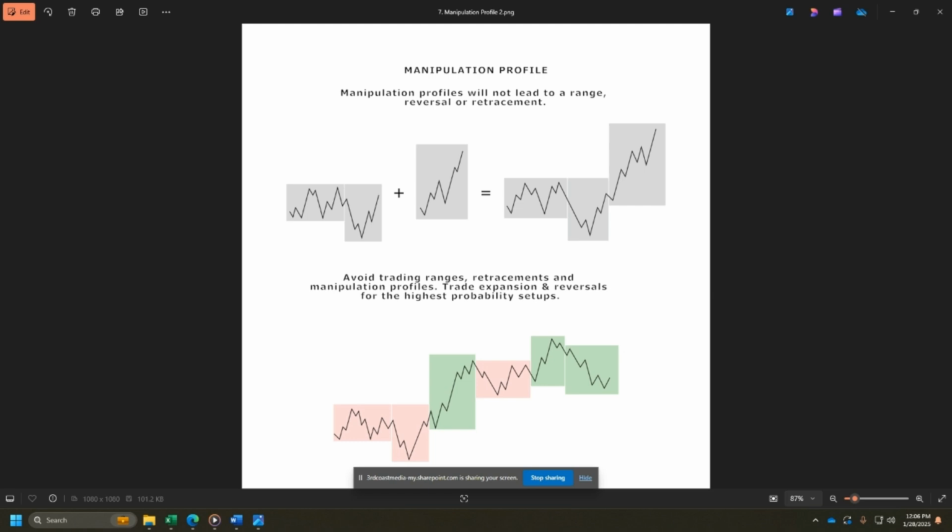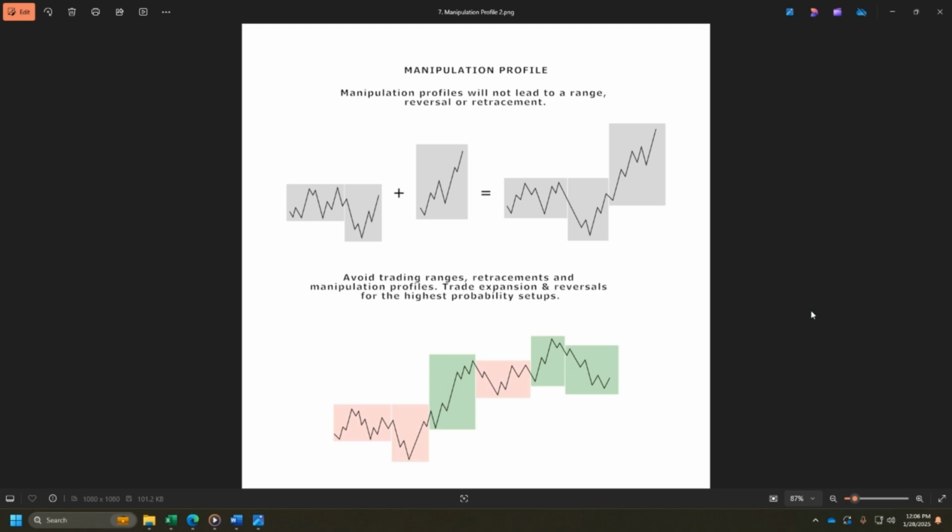Okay, so I just want to take a few moments to go over manipulation profiles in detail. The way we operate as traders has to be logical.